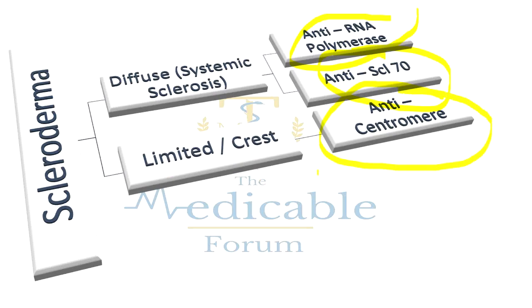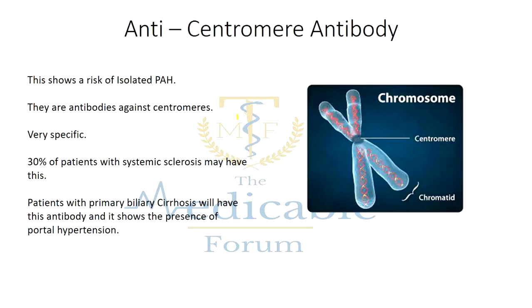So just remember this. What's an anticentromere antibody? It's the antibody against a centromere. What's a centromere? Centromere is a protein structure which is mainly used to divide the chromosomes into two during mitosis, right? Mitosis, meiosis. So this shows a risk of isolated pulmonary arterial hypertension.